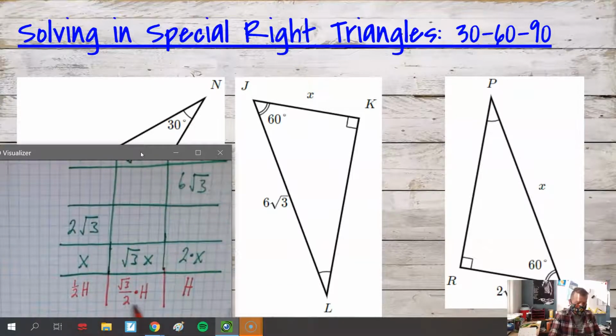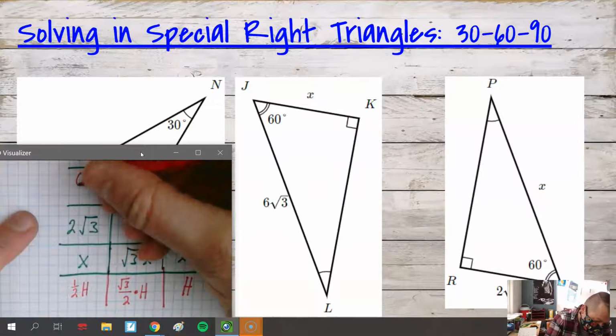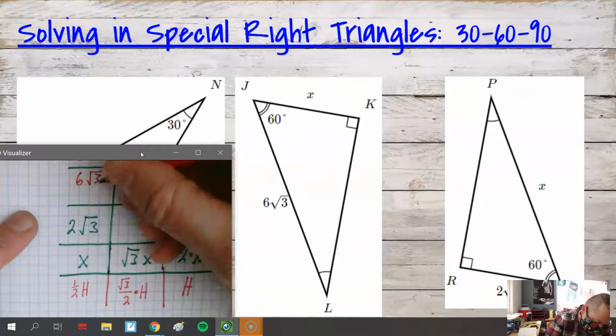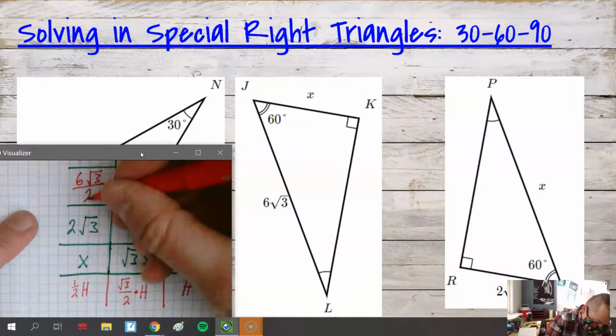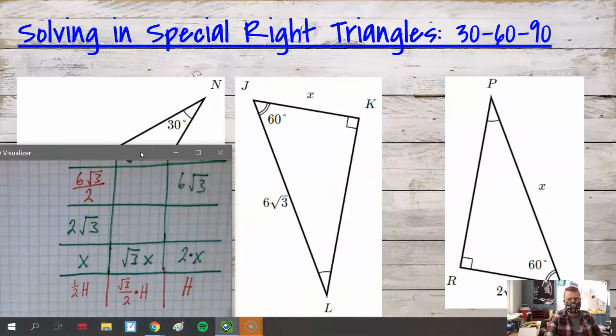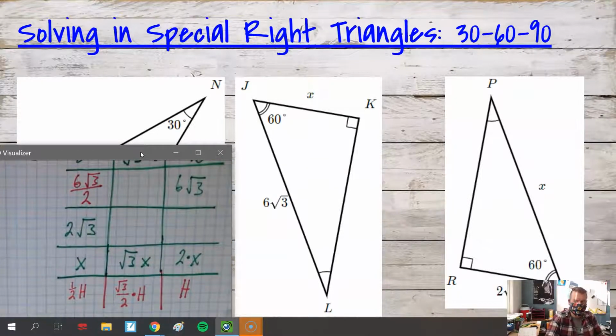You might want to add these 2 references to your table of if I have the short leg versus if I have the hypotenuse. So if we have the hypotenuse, take half of it to find your short leg. I'm just going to put 6 radical 3 over 2. Or we could write 1/2 of 6 radical 3.